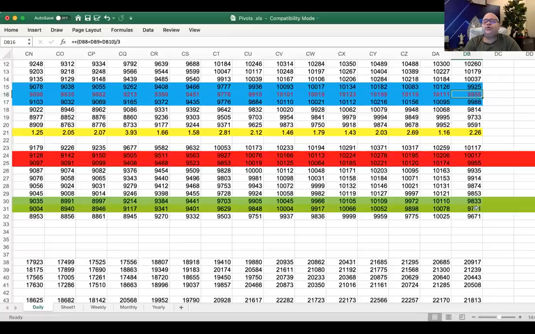The support zone here is 97.70 to about 98.33. Resistance comes in at 99.55 to about 100 and to 10,017, 10,117.